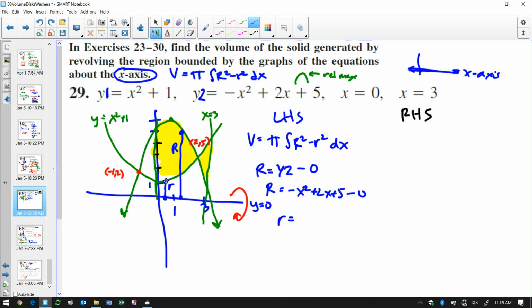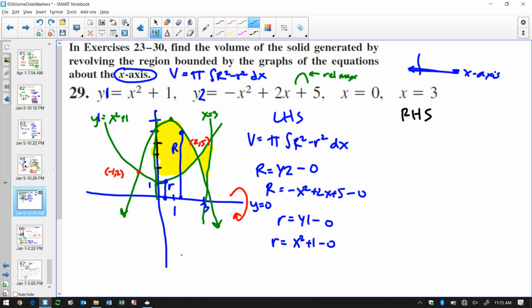And so the little r is going to be y minus y, because it's a vertical line. This y here is y equals x squared plus 1, and that's called y1. So this is equal to y1 minus the bottom y, which is y equals 0, so y1 minus 0. Another way to write it would be x squared plus 1 minus 0.